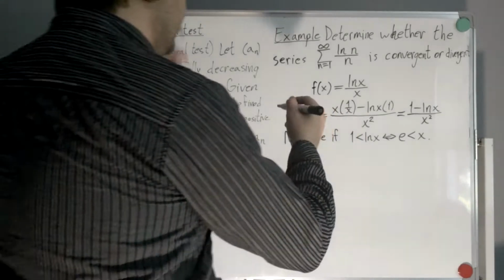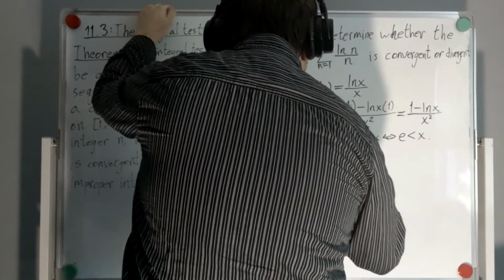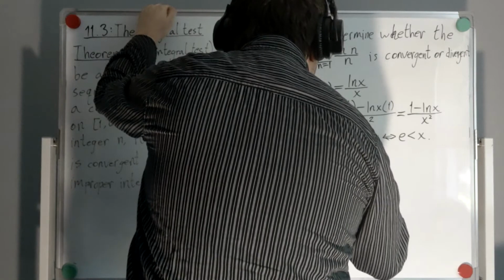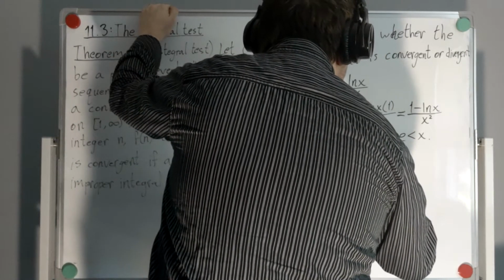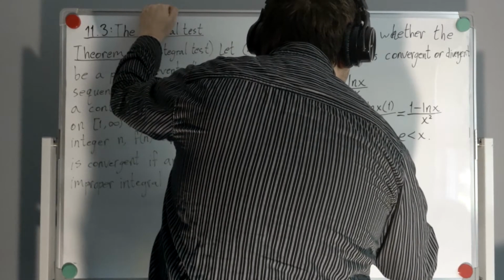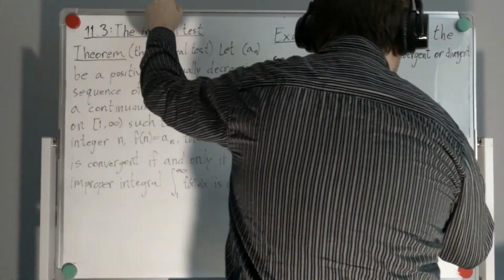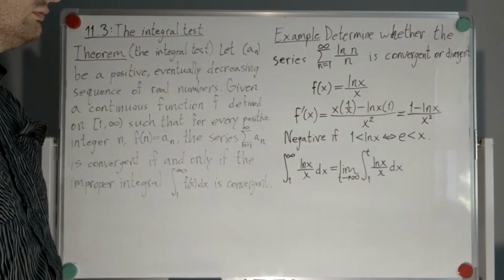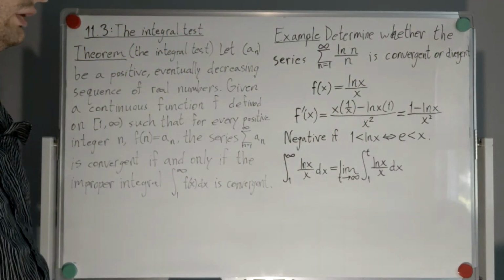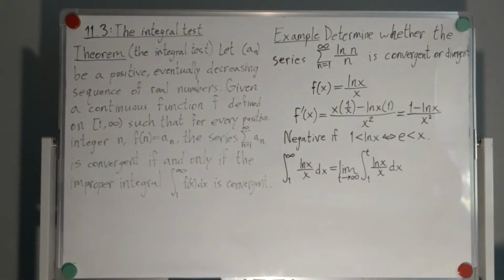So all we need to do here is take the improper integral from 1 to infinity of ln x divided by x. Well, by definition, that is the limit as t approaches infinity of the integral from 1 to t of ln x divided by x. So hopefully you can recognize that this is a u substitution problem.